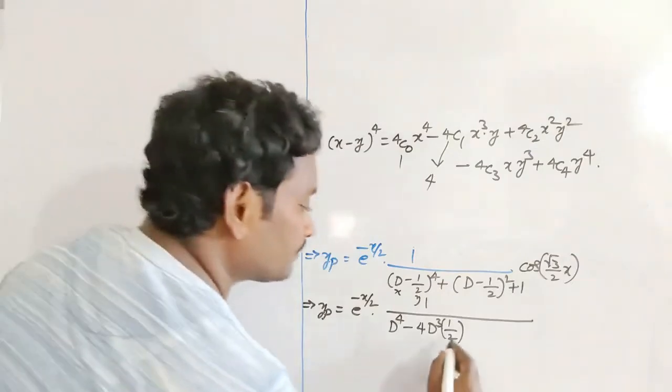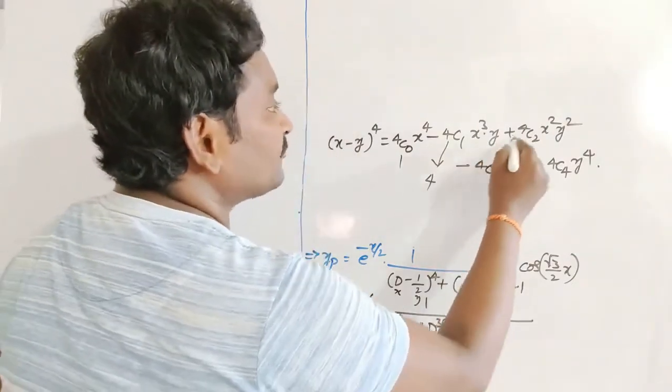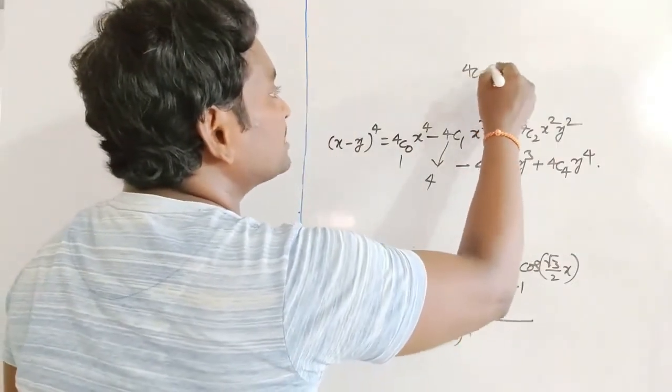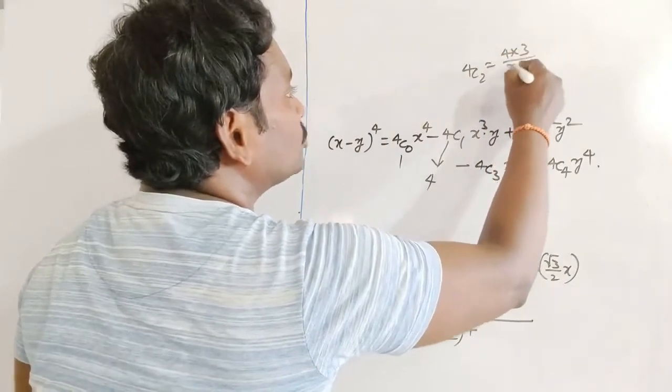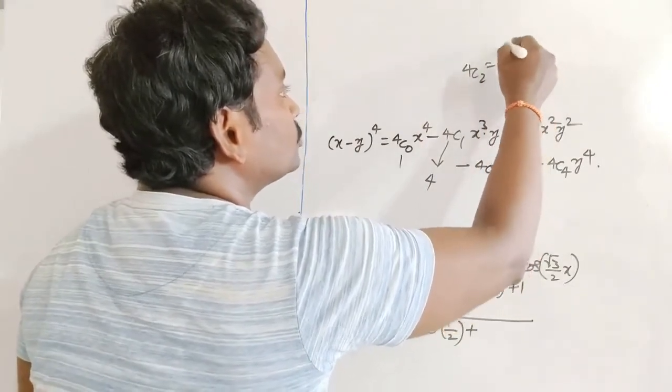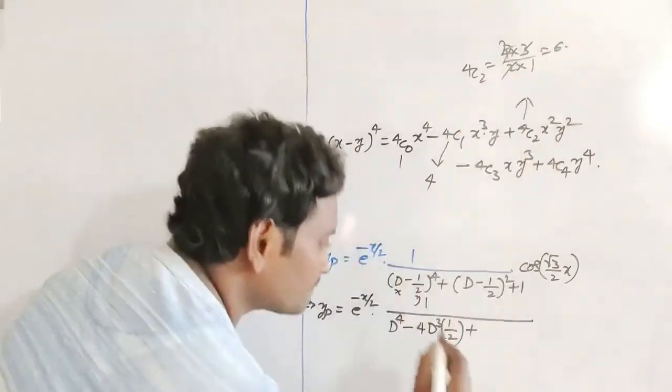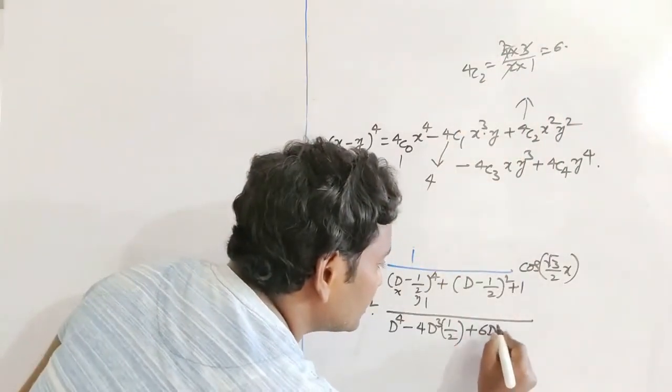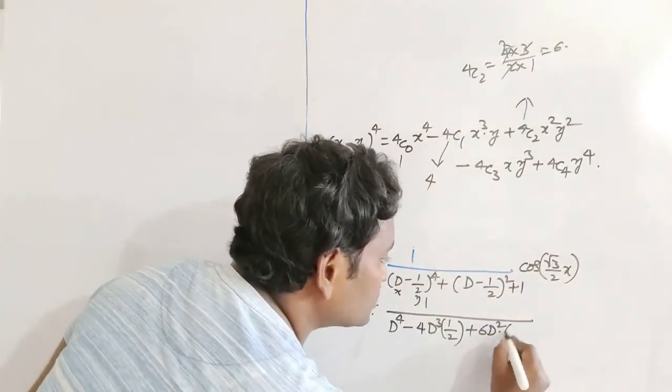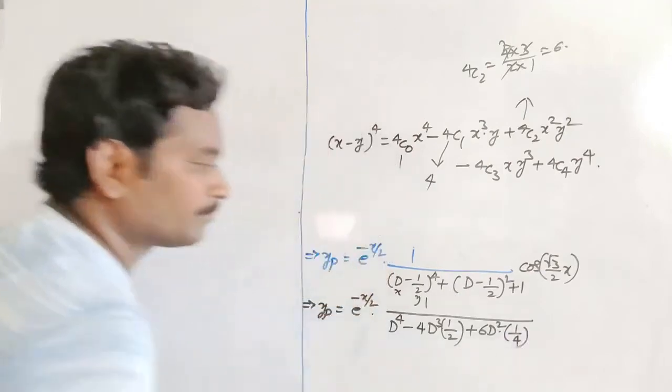plus 4c2. What is the 4c2 value? 4c2 is nothing but 4 into 3 by 2 into 1, so 2 3s are 6, so 6 into d square into 1 by 2 whole square, it would be 1 by 4.